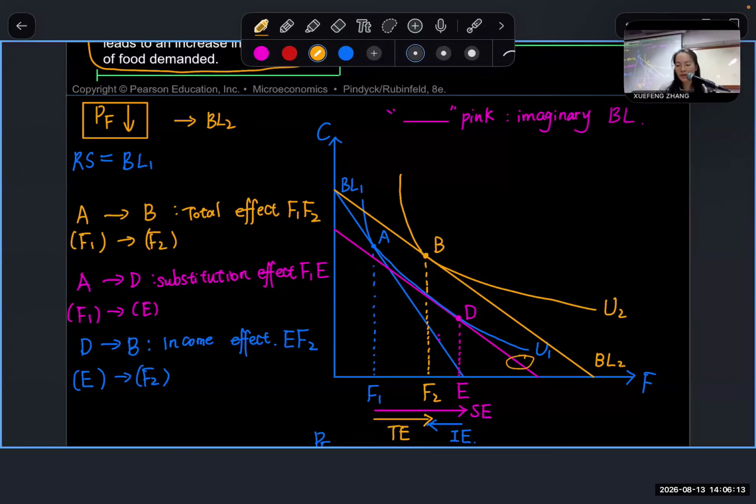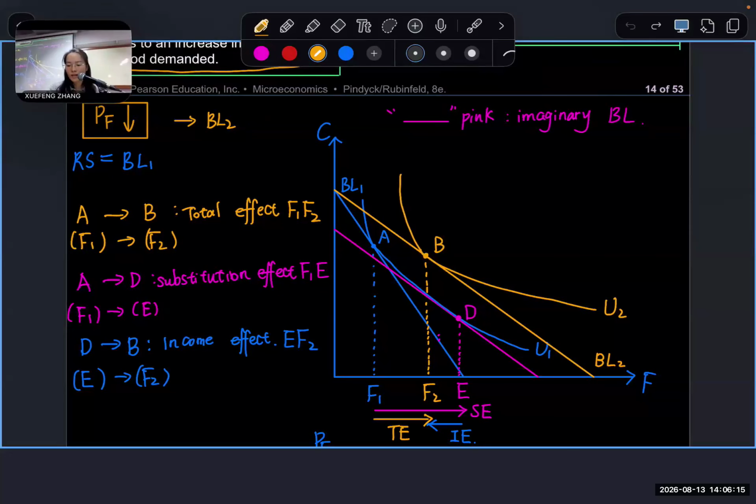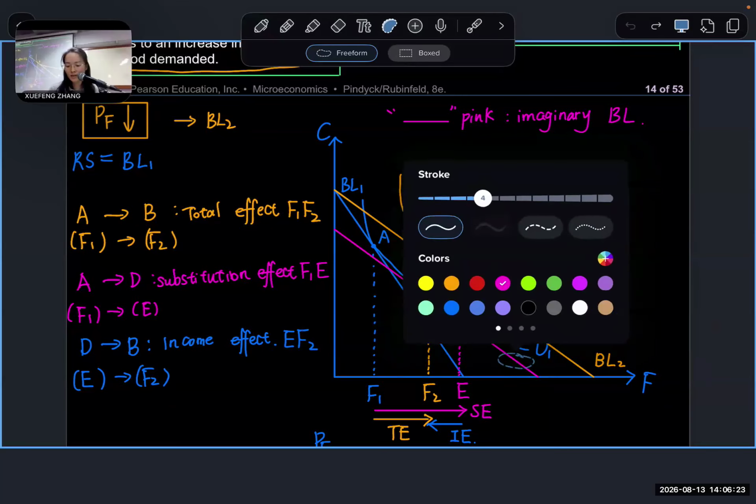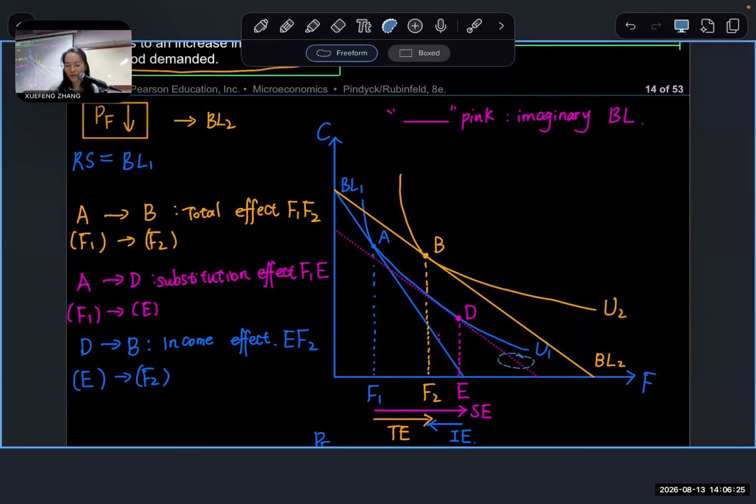Let me use the dash line. Okay, the pink. So this is the imaginary budget line, and it is tangent at D. A, B, D, remember the order.